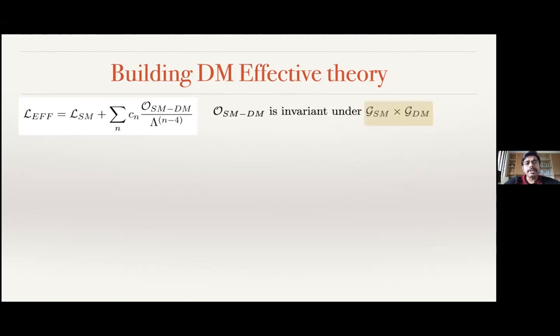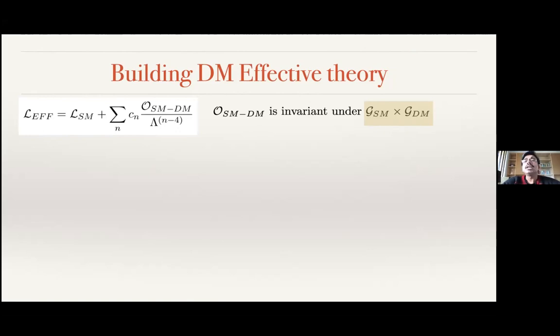So therefore, this is basically the construct that you add to the standard model Lagrangian, the effective operators like O_SMDM, which I'm writing. This is constituted of standard model and dark matter fields together, and which has to be, of course, symmetric under G_SM cross G_DM, which basically means the standard model symmetry and whatever dark sector symmetry that we want to think of.